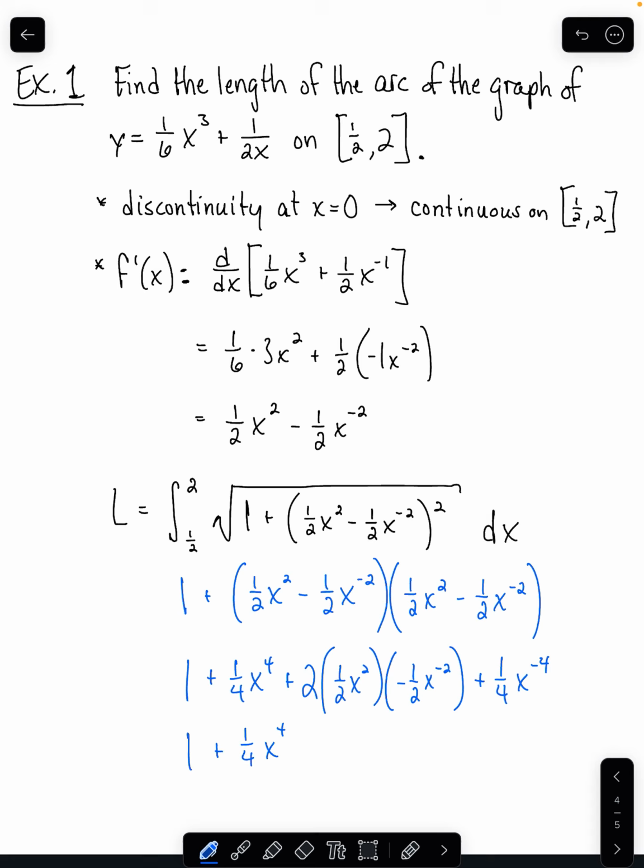Now, it's important to note here that this is the expansion of this binomial squared. When we combine the constant term of the 1 with the constant term of the negative 1/2 in the middle, this entire expression under the radical becomes 1/4 x to the 4th plus 1/2 plus 1/4 x to the negative 4.